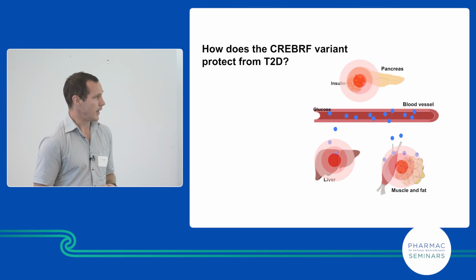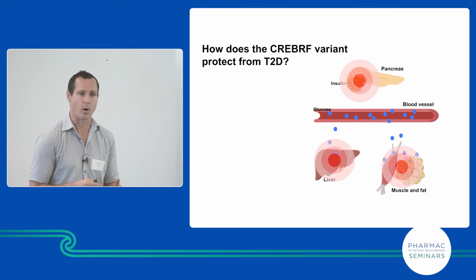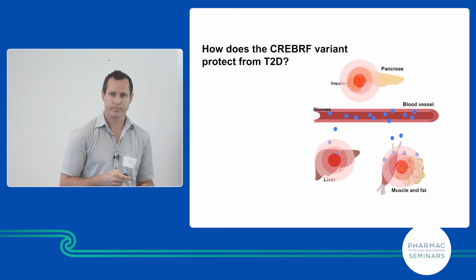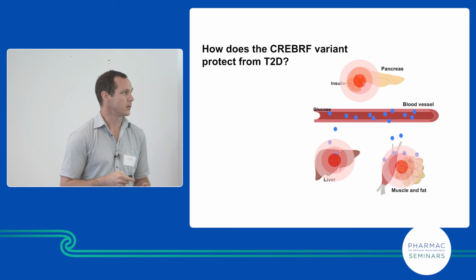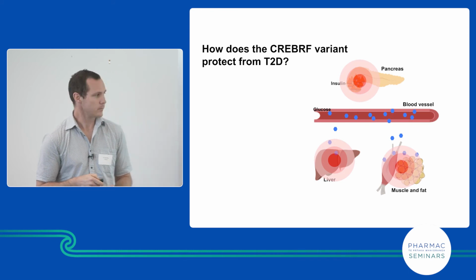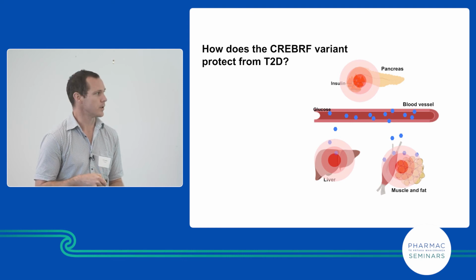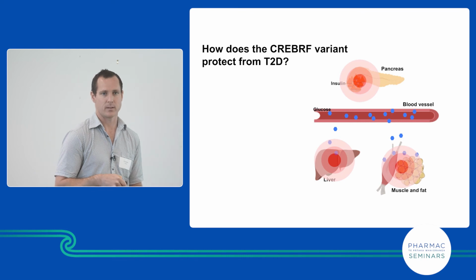So, last couple of minutes, I'll tell you a little bit about the work we're trying to do in understanding how it's protecting from type 2 diabetes. Following a meal, your blood glucose levels increase. This results in the pancreas releasing insulin, which goes in your bloodstream and allows glucose to be transported into your fat and your muscle cells.